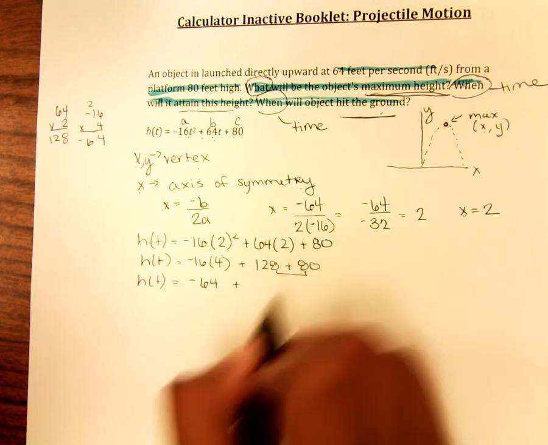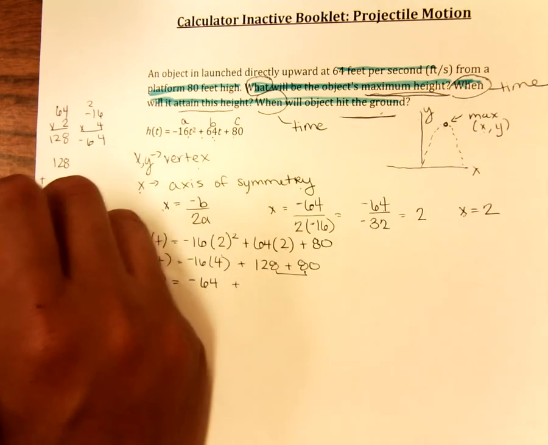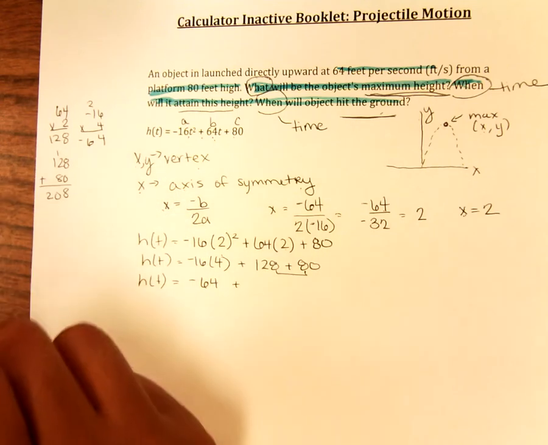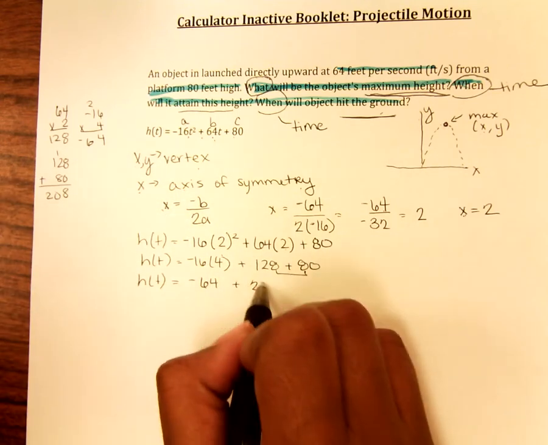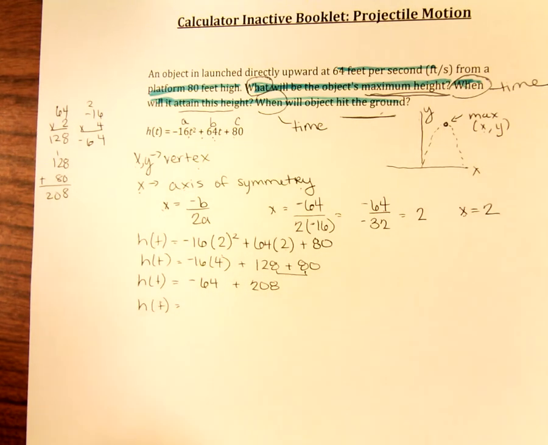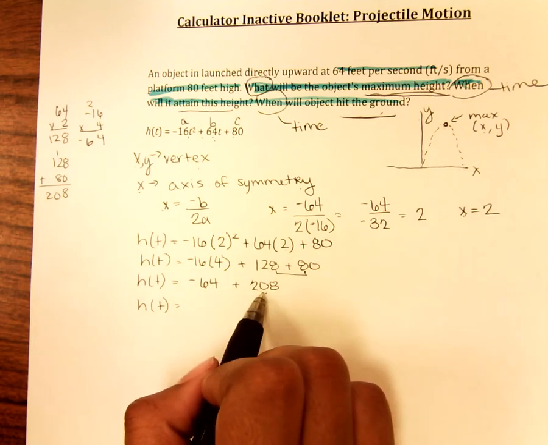I'm going to go ahead and add these together. To add this together, I have 128 plus 80. That's 208. Now I know I need to finish simplifying because this is a negative and my sign of the large number is positive.